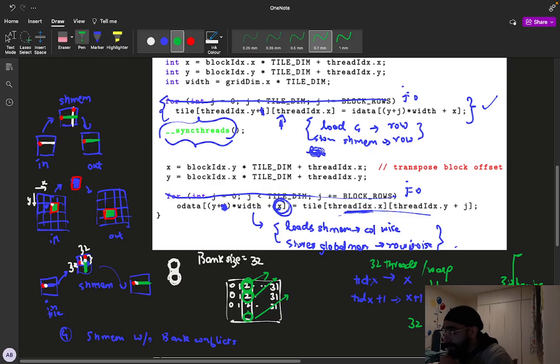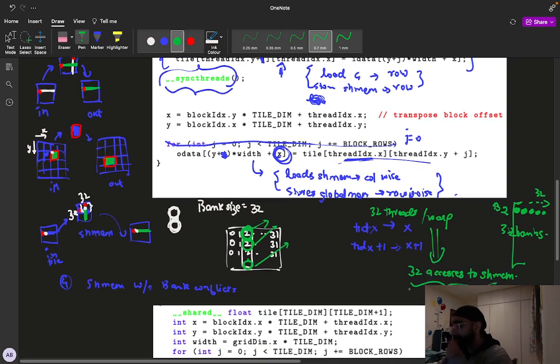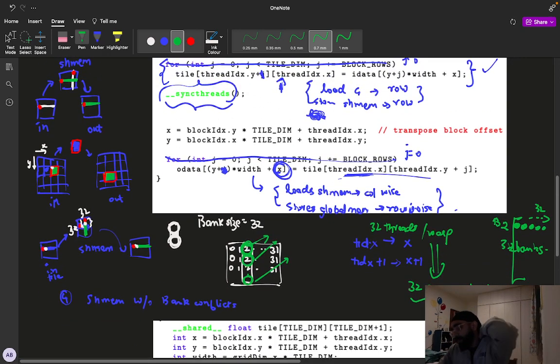However, all the 32 data elements that the 32 threads in the warp are accessing are in the same bank. In this case, this is bank 2. Since all the 32 threads are trying to access bank 2, they'll be serialized. So we'll have 32 independent accesses to shared memory because of the bank conflict, which is not optimal, and we want to somehow stop this from happening.